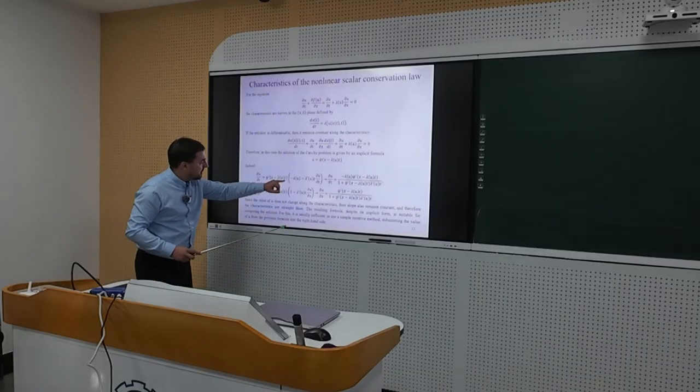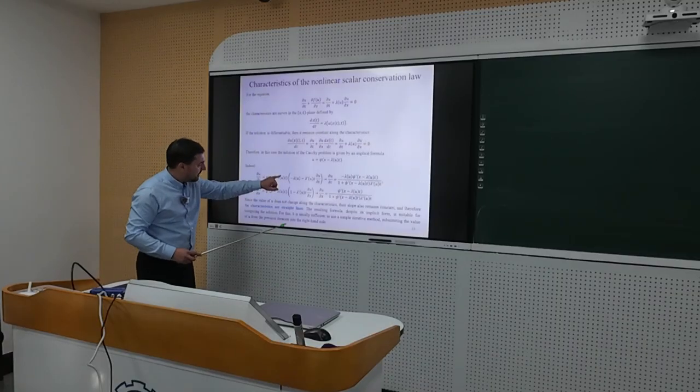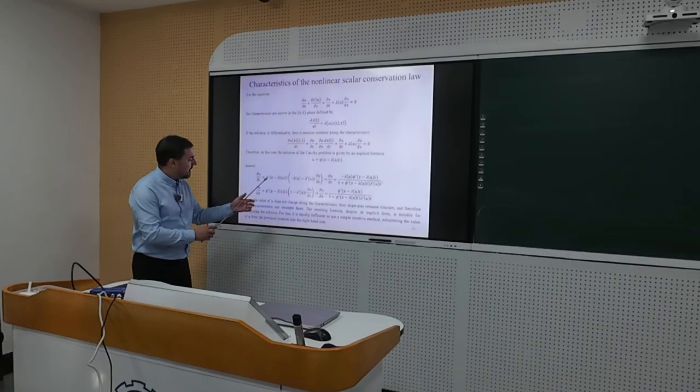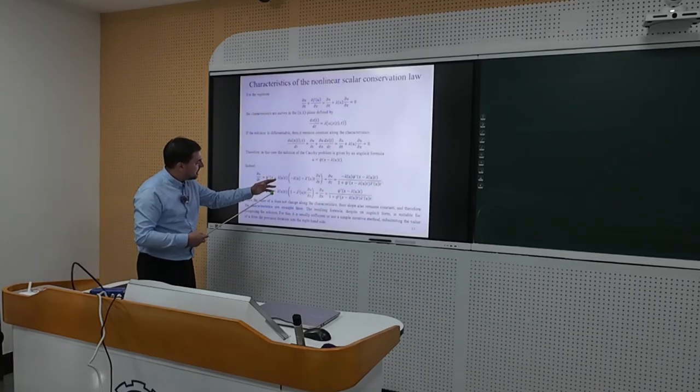And then we should compute the derivative with respect to time of this complex function. Once again, it's a complex function. So dx over dt equals 0 because x and t are independent variables. And you should compute the derivative of this product, lambda u multiplied by t.